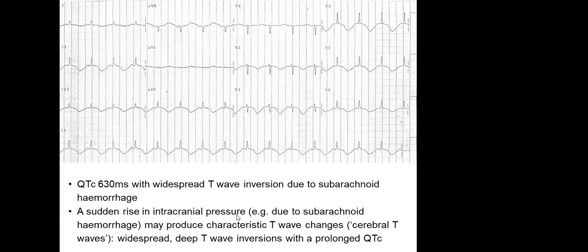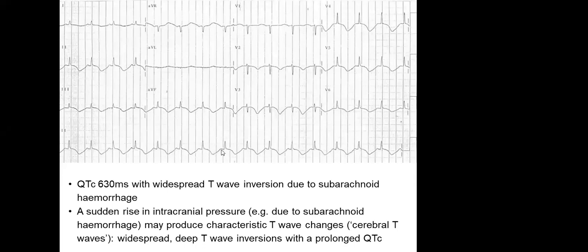Sudden rise in intracranial pressure due to subarachnoid hemorrhage can cause these characteristic T wave changes. These are also called cerebral T waves, which are widespread with deep T wave inversion and prolongation of QTc. So if you see, T wave inversion is present with a prolonged QT interval.